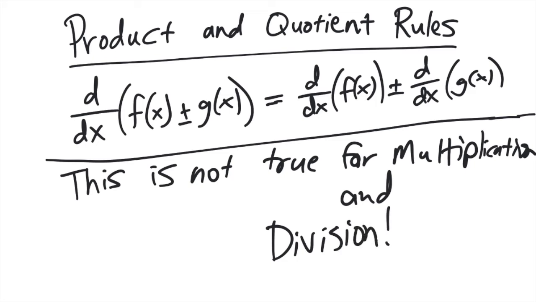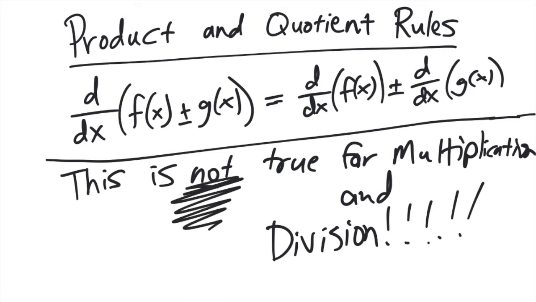Not true. I could be yelling over here. This is not true. Not true. So what does it mean to not be true for multiplication and division? Let's take a look.